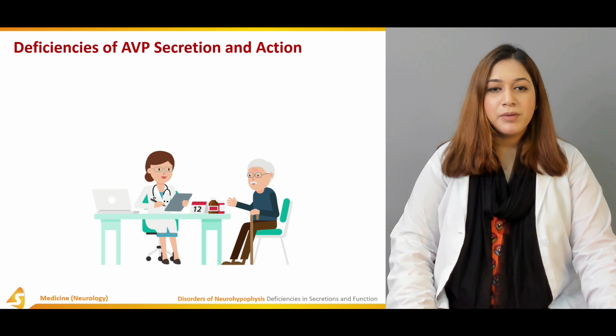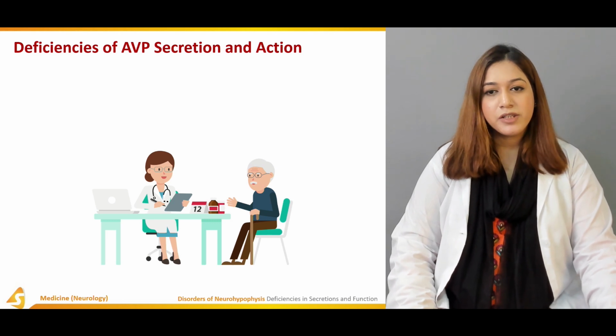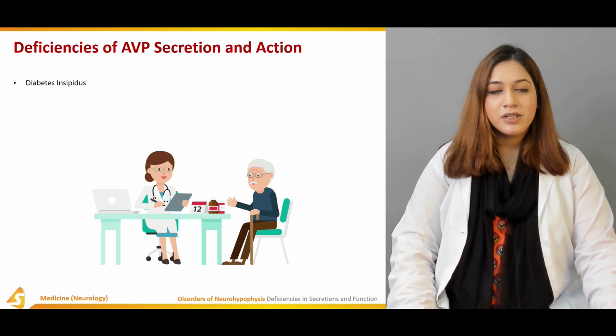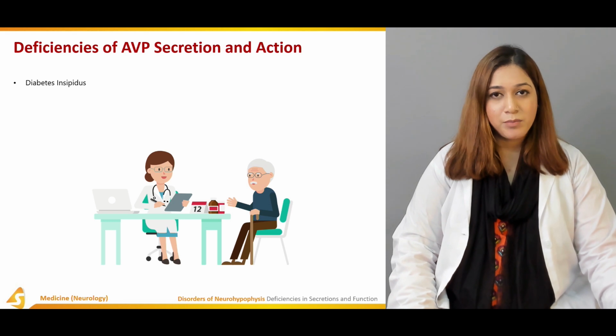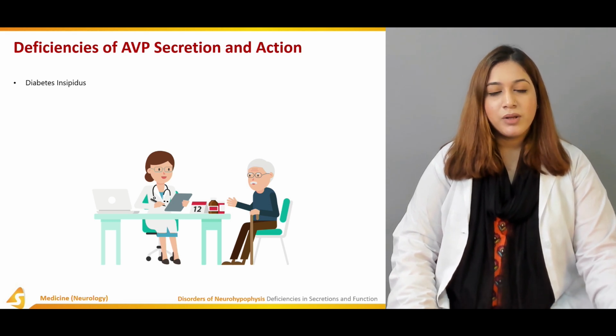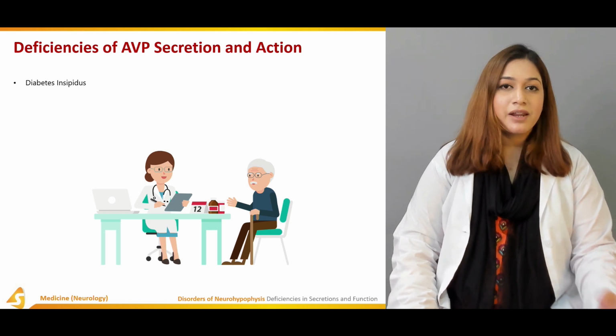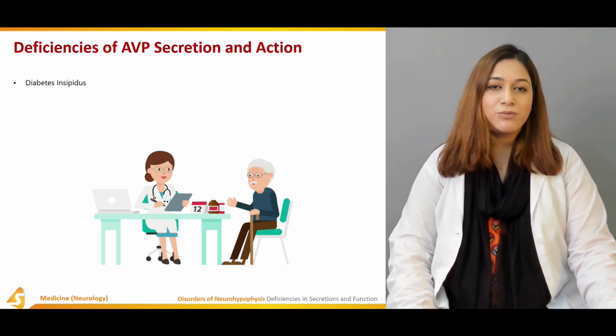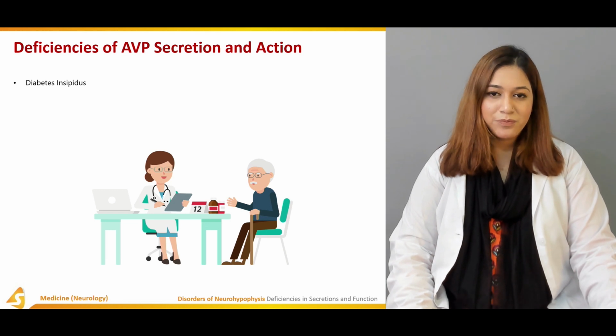Now, coming to the deficiencies of AVP secretion and action. Whenever there is inappropriate or deficient secretion of AVP, there will be a disease called diabetes insipidus that is characterized by production of large volumes of dilute urine.